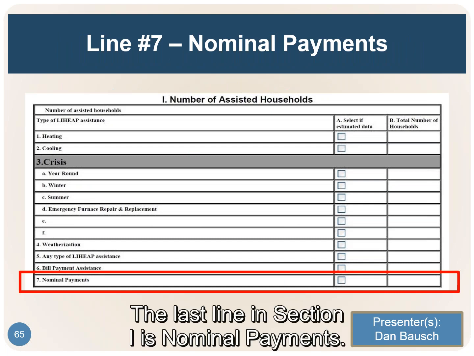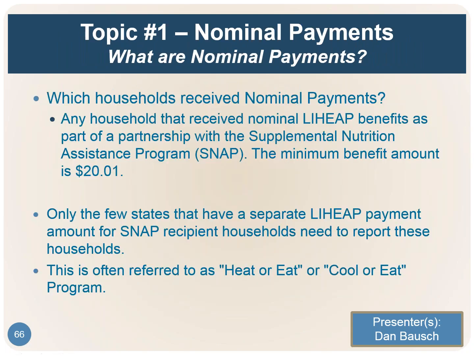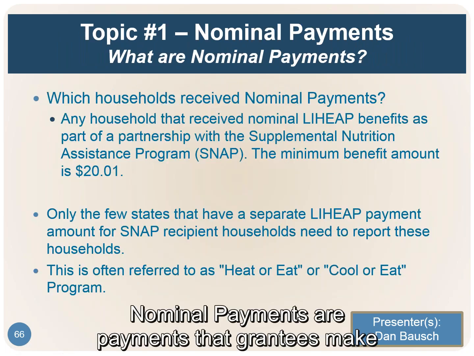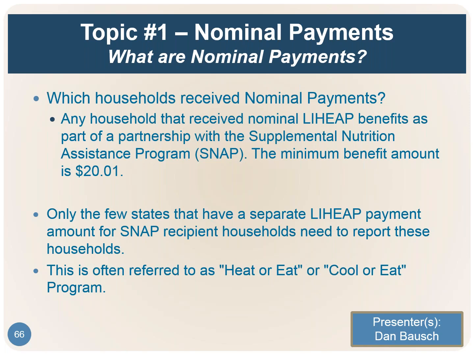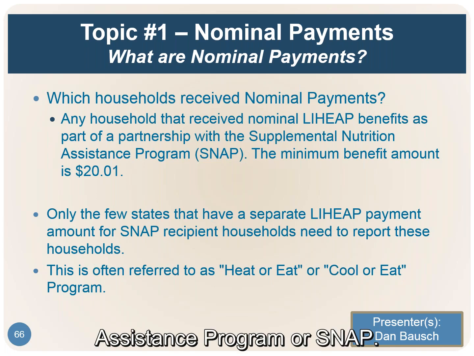The last line in Section 1 is nominal payments. Nominal payments are payments that grantees make as part of a partnership with the Supplemental Nutrition Assistance Program, or SNAP.